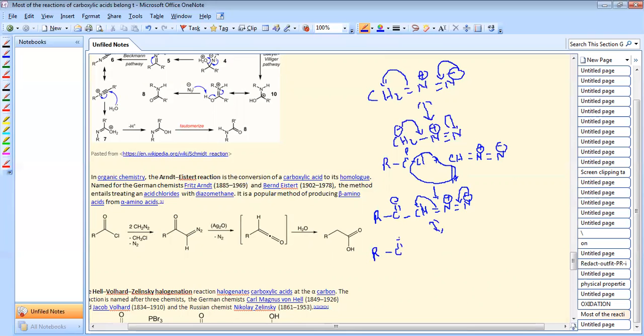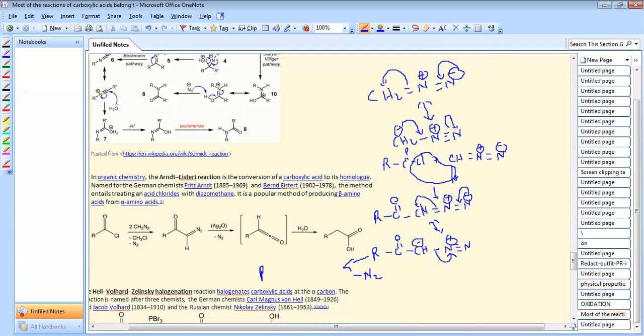Then C double bond O. This CH becomes CH minus, that double bond becomes a single bond, and the other double bond becomes a triple bond, acquiring a positive charge. Again this bond shifts here, and that liberates nitrogen gas.